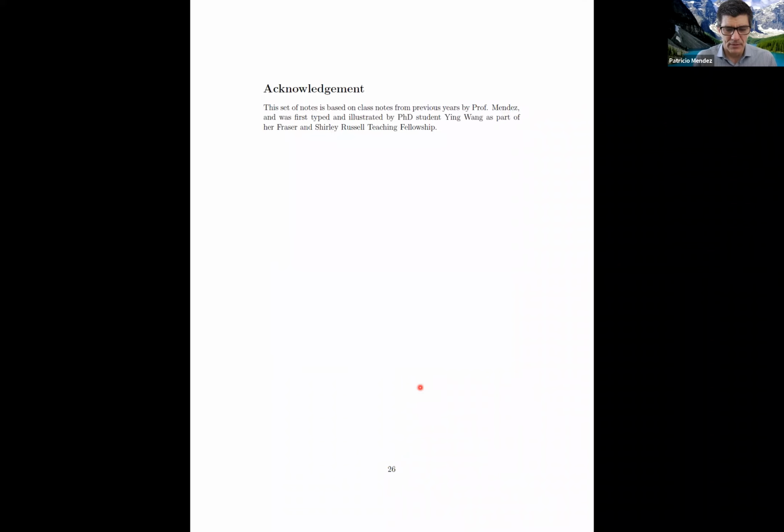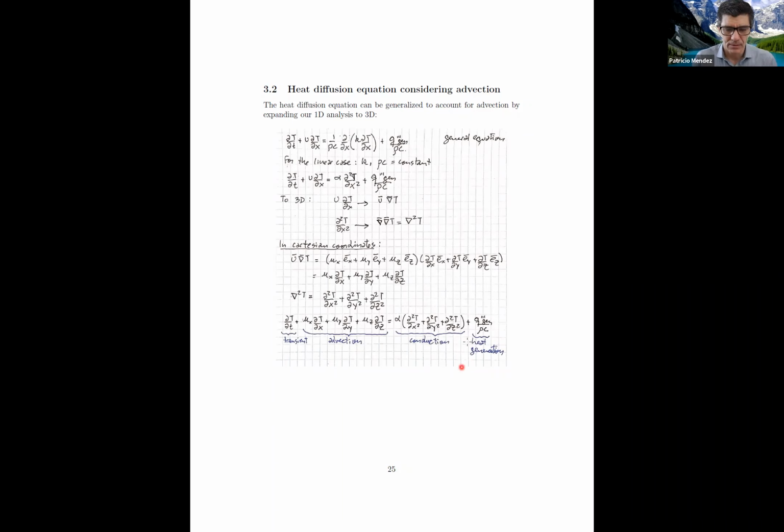Okay, so in this case, we have the heat diffusion, what we have in this first line. We saw exactly how to get this by doing a differential control volume, an energy balance, putting in the heat transfer mechanisms, including conduction.